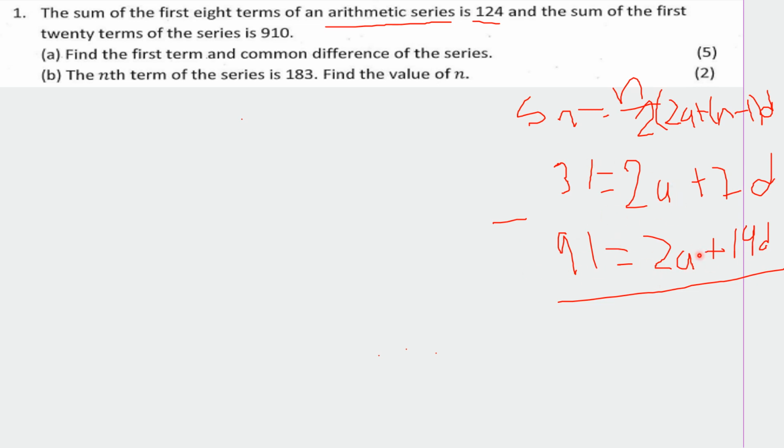So I will say 91 subtract 31, which is going to be 60.